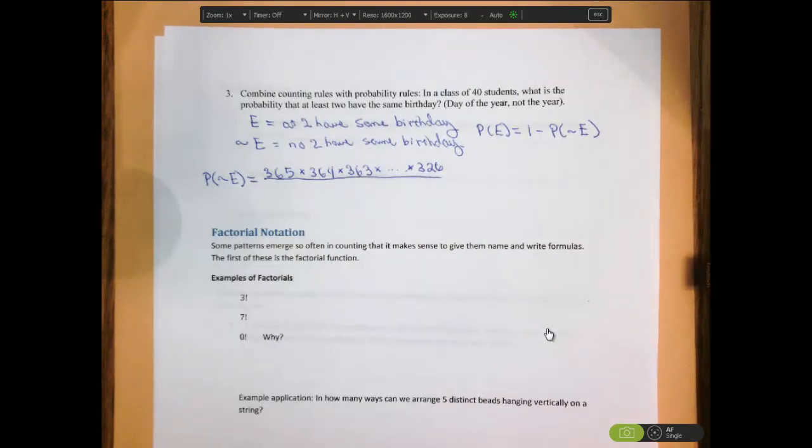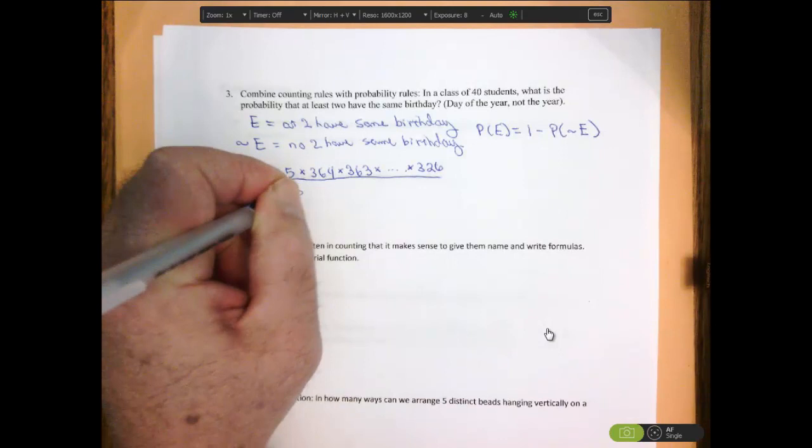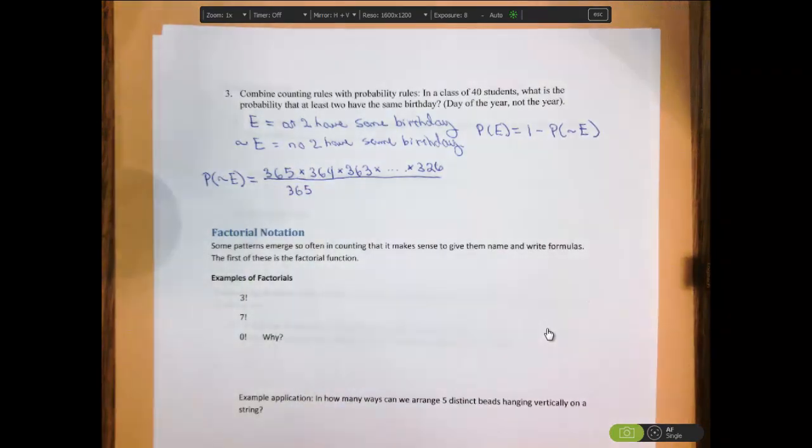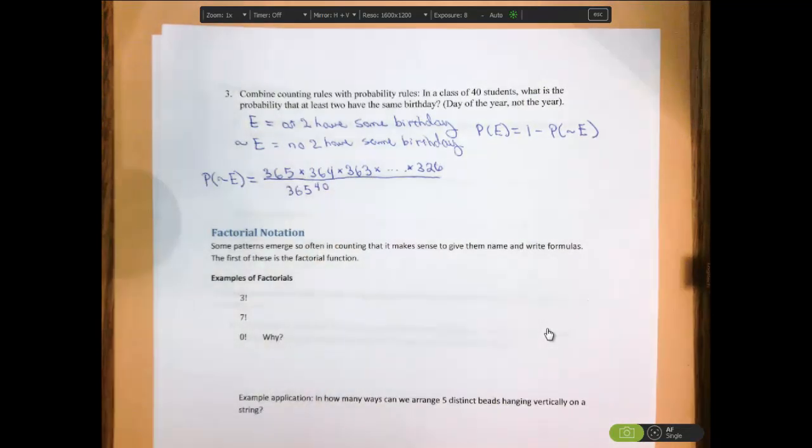Next, we want to divide that by the total number of ways that birth dates could be assigned to these 40 people. There are 365 choices for each of the people in the class, and if there are no restrictions, that's the number of choices we have for each of the individual students. Therefore, 365 to the 40th power goes here.